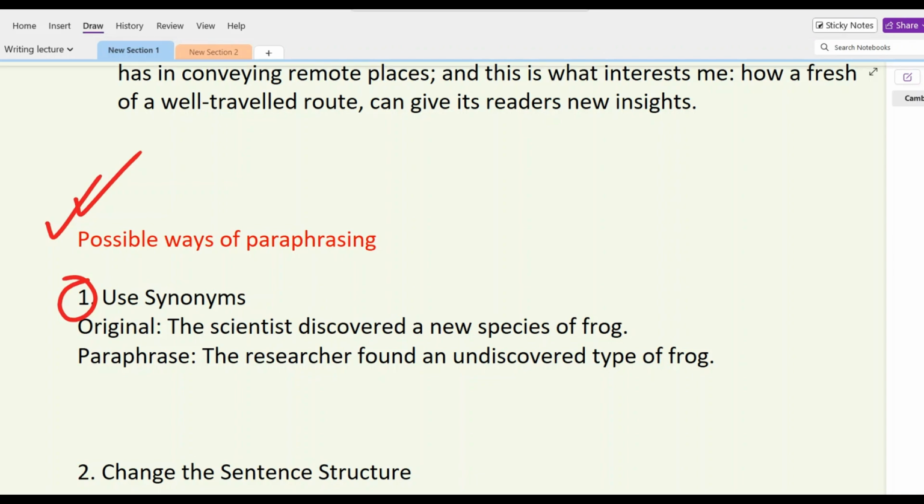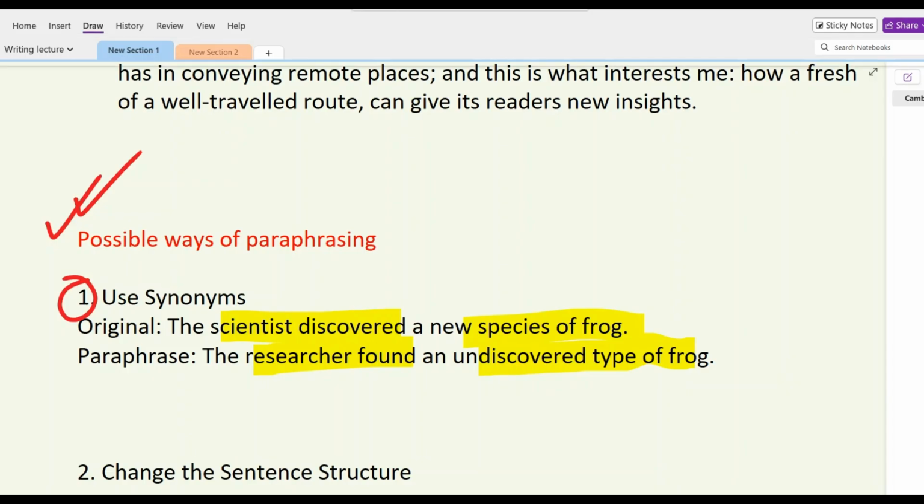So how have synonyms been used here? Scientists discovered, instead of this, in the paraphrased sentence we see researcher found; and new species of frog is replaced by undiscovered type of frog. You can think about it while you are dealing with the reading module. This one is the most common type of paraphrasing.